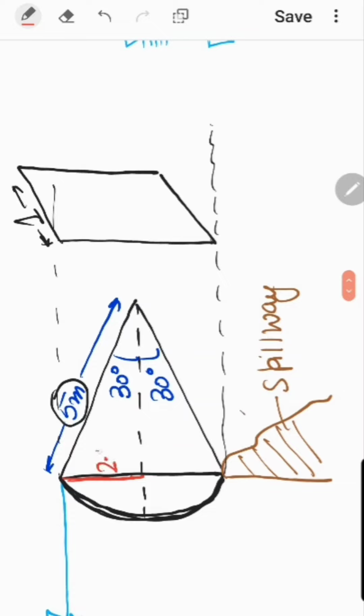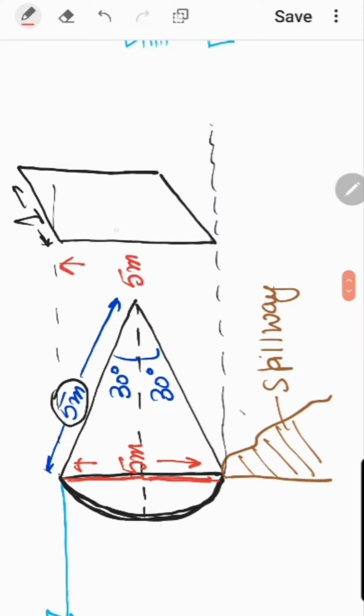So if this is 2.5 meter, this is also 2.5 meter. So the total length of the base of this triangular thing is 5 meter. So this vertical projection, the height is going to be 5 meter.